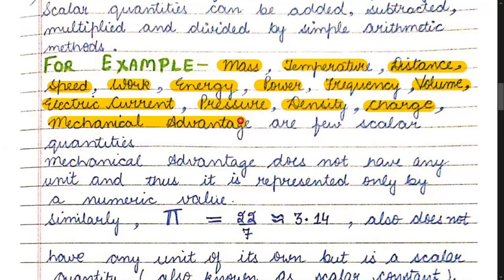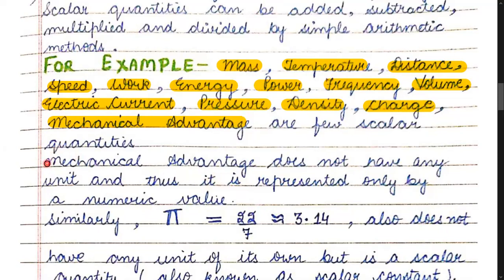Children, all these quantities were mostly done in 7th, and we will be doing certain quantities in class 8th also. So till now you remember that all these quantities are scalar in nature.